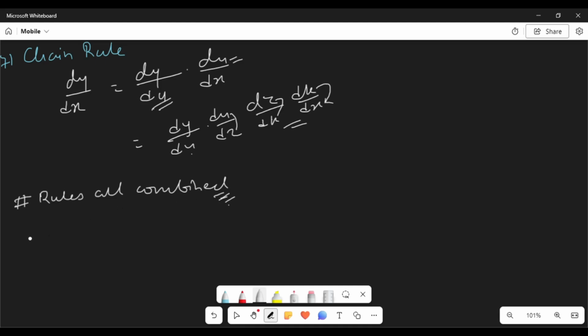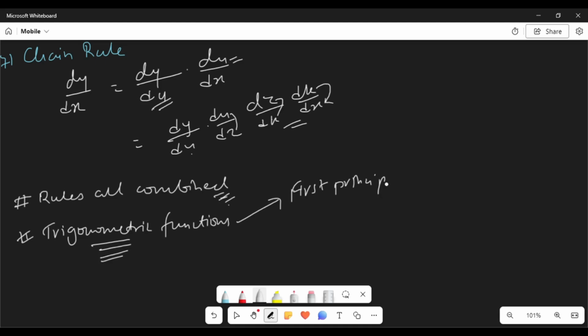But still, you cannot find the derivatives of trigonometric functions using these rules. So we'll have to resort to the first principle.